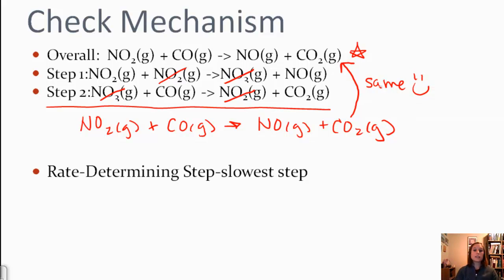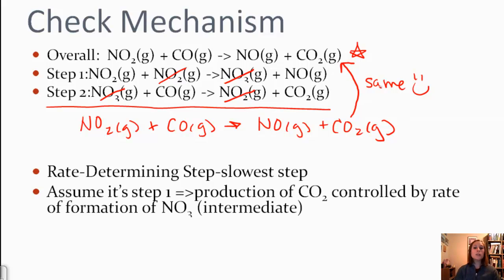The second part is to look at whether the rate law matches the experimentally determined one. Well, in order to do that, we have to determine what's called the rate determining step. It's the step that basically controls the rate. It's the slowest step of all the steps put together. So if we assume for this one that our rate determining step is step 1, which would be this one right here, then that means that the production of CO2 is controlled by the formation of NO3 because it is formed in step 1 and then used in step 2.